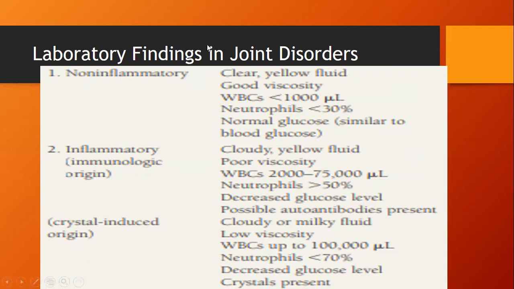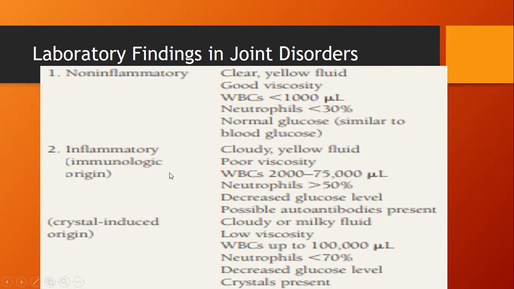You usually see a clear yellow fluid with good viscosity. However, your WBCs may reach up to 1,000 cells per microliter, your neutrophils are usually less than 30%, and you have a normal glucose level.